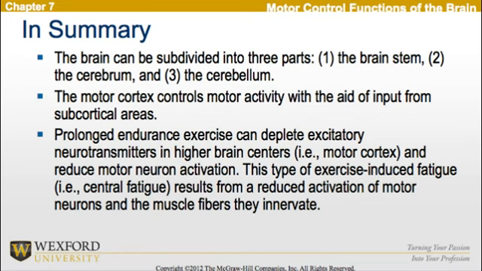Prolonged endurance exercise can deplete excitatory neurotransmitters in higher brain centers and reduce motor neuron activation. This type of exercise-induced fatigue, i.e. central fatigue, results from the reduced activation of motor neurons and the muscle fibers they innervate.